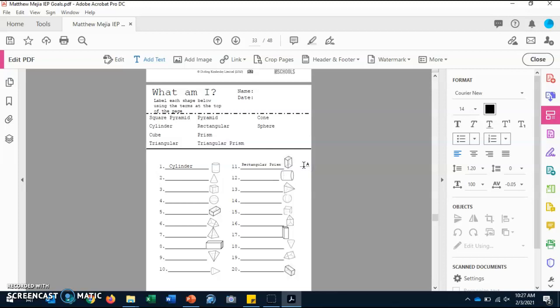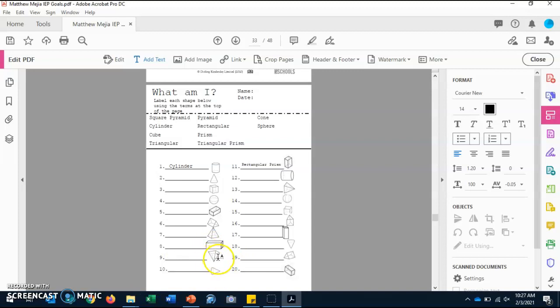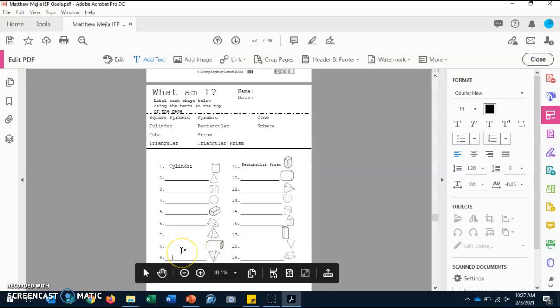And I will do one more with you. How about number 9? Do we know what this shape right here is? So I know they're a little upside down, but if you look at the bottom shape, it is a square. So let's do that first. We know that first thing is a square.